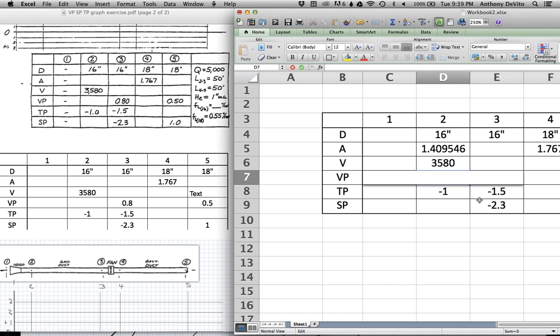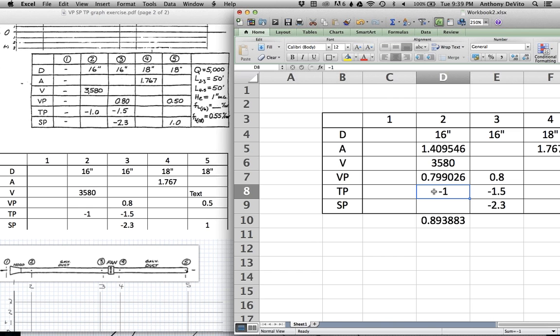Okay, I'm going to do it out here. Equals 3,580 divided by 4,005. Then I'm going to square that. Equals this times this. So the velocity pressure is basically 0.8 inches.